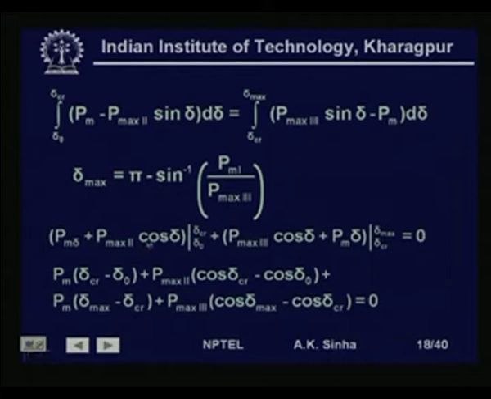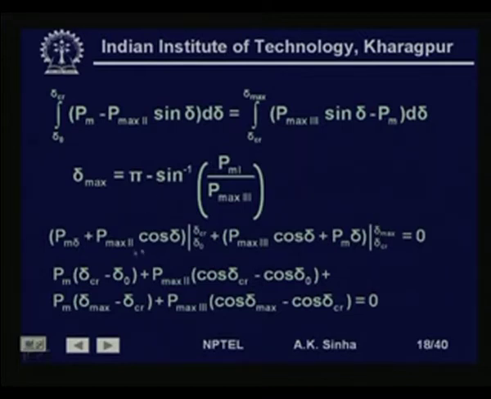So, plus Pmax2 cos delta from delta 0 to delta critical, plus, we take this on this side, then we will have this as a minus term. So, minus, when we integrate sin delta it will become minus cos delta. So, this is plus Pmax3 cos delta, plus this is minus when we have taken on this side, this becomes plus. So, plus Pm into delta, from delta critical to delta max.